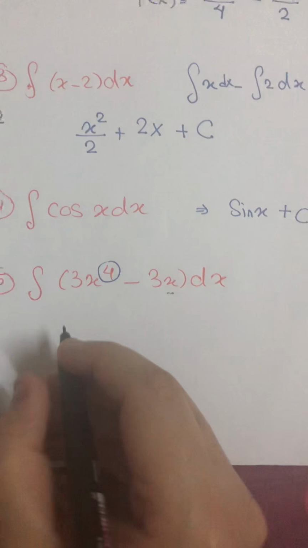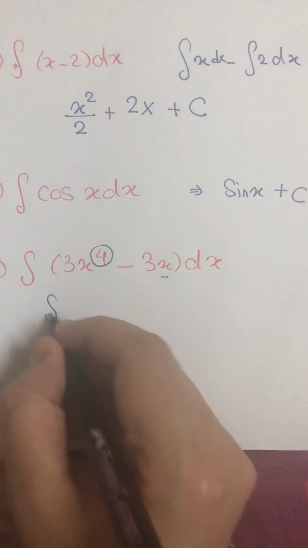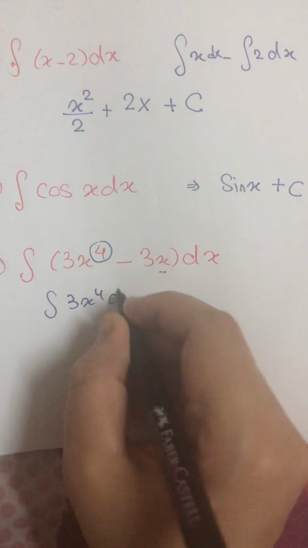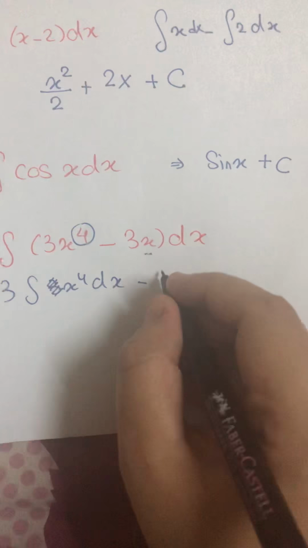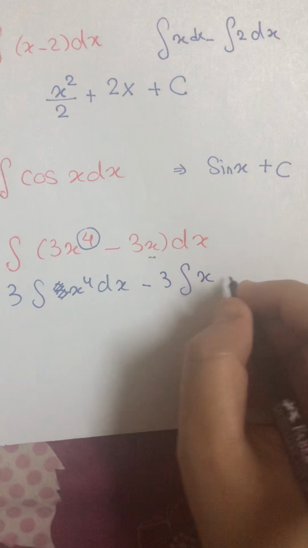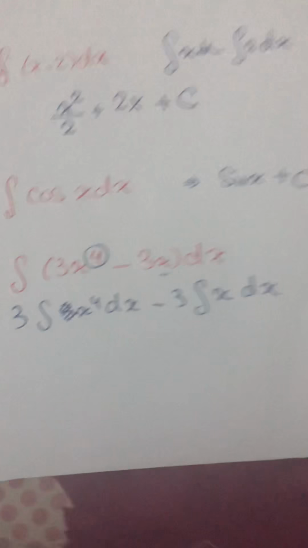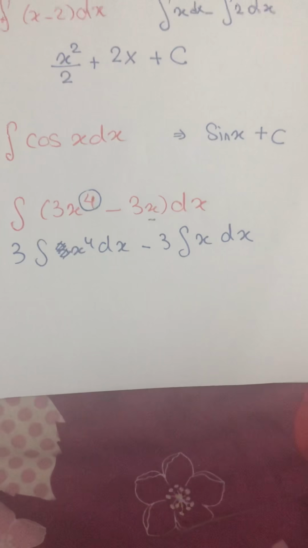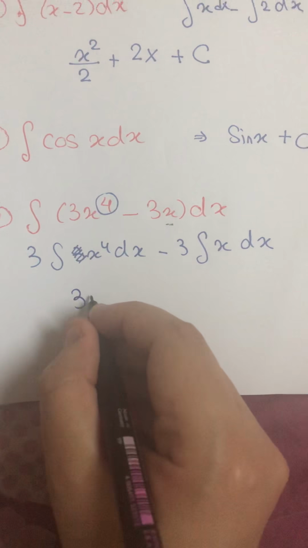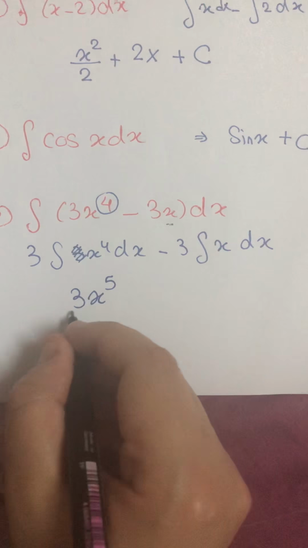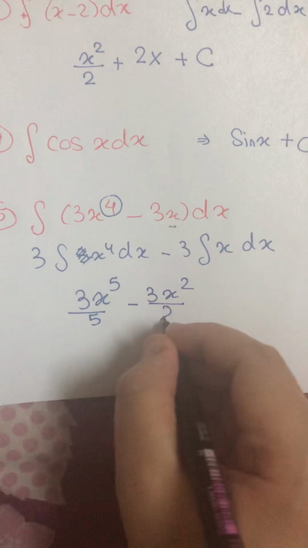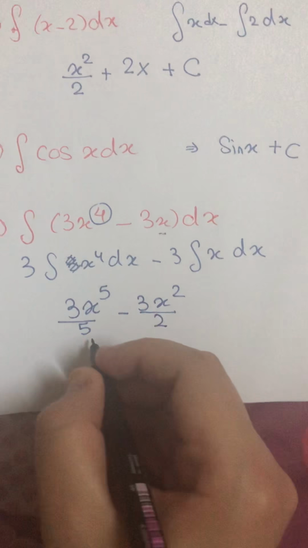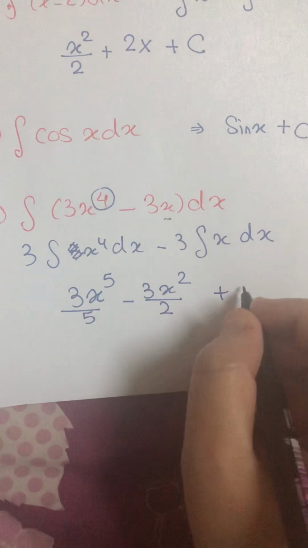Here, I can split the question into integral of 3x to the power of 4 dx minus, I can take the 3 out, 3 integral x dx. Okay, if you want to do this step, I'm fine. If you want to tell me directly, 3x to the power of 5 over 5 minus 3x to the power of 2 over 2. Make sure fractions are in simplest forms. Plus c, and you should not forget this c.